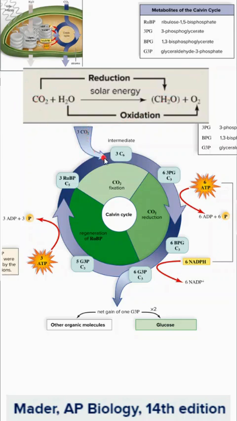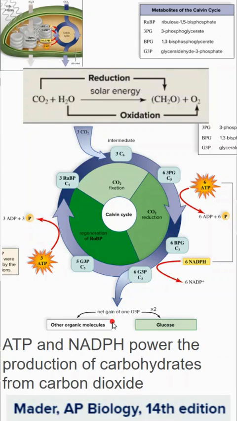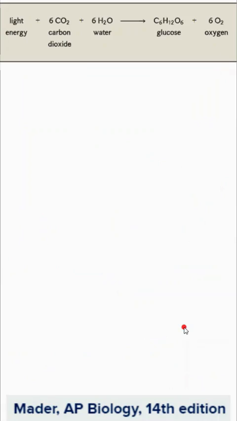So carbon dioxide is captured, goes and transforms in many different ways, and ultimately we get carbohydrates, organic molecules, but we're focusing mostly on glucose when it comes down to our formula. So again, the formula: carbon dioxide and water produces glucose and oxygen.